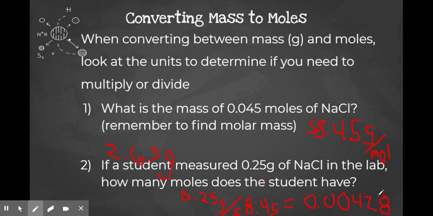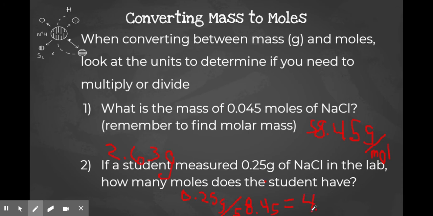Now, what I know I would do is rewrite this in scientific notation so I could do significant figures. Because if I do significant figures and just leave it, that would be 0.00. Well, that's not helpful. Because he measured something, he has to have some amount of moles, even though it's super tiny. So I'm going to erase this answer and rewrite that in scientific notation, because that is the best way to do that.